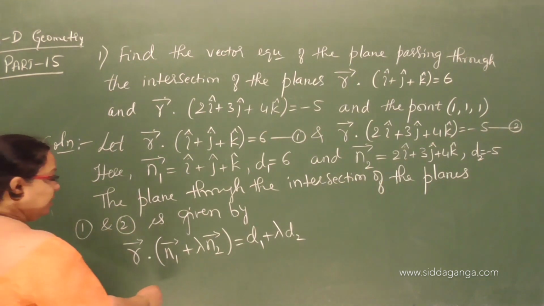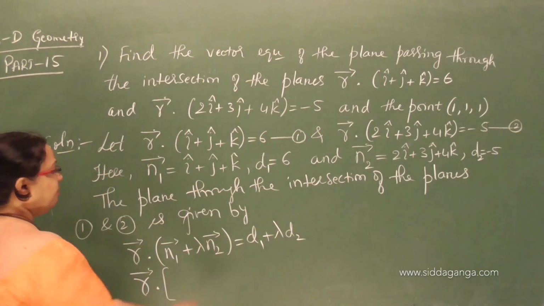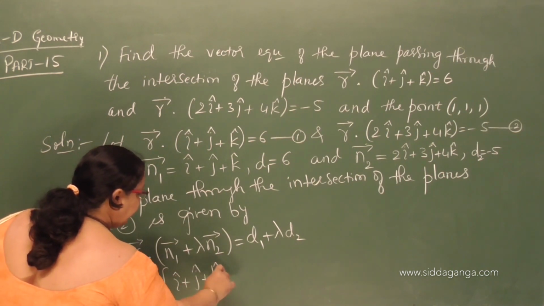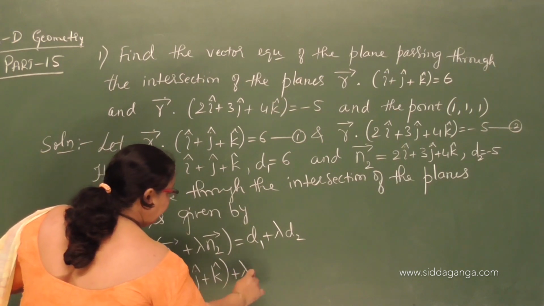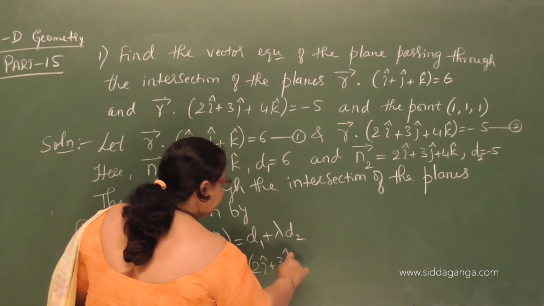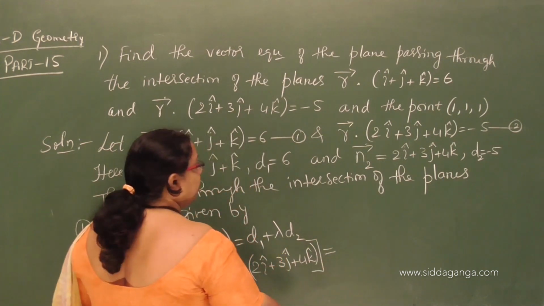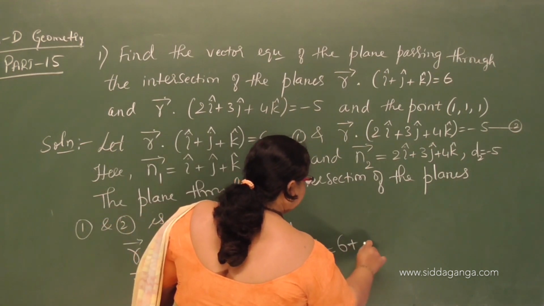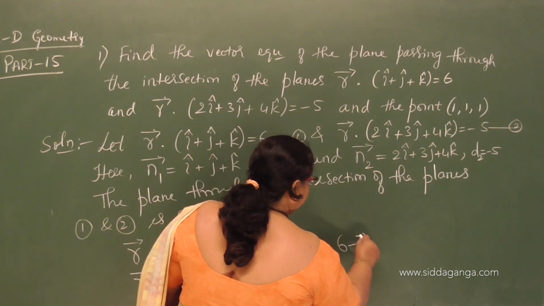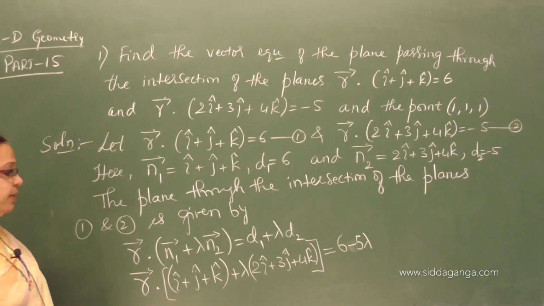So now vector r dot (n1 vector, i cap plus j cap plus k cap, plus lambda times n2 vector, 2i cap plus 3j cap plus 4k cap) equal to d1 which is 6, plus lambda into d2 which is minus 5, so it becomes 6 minus 5 lambda.